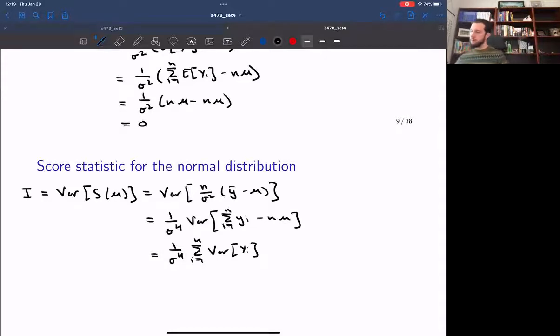Right, and the variance of yi is going to be sigma squared. So this becomes 1 over sigma to the 4 times n sigma squared, which is n over sigma squared.